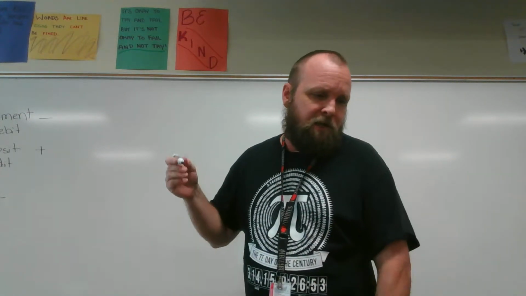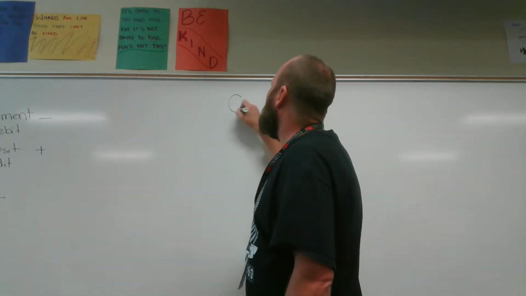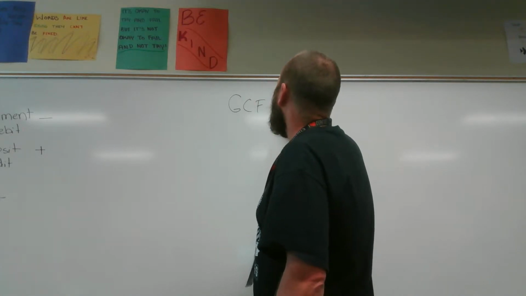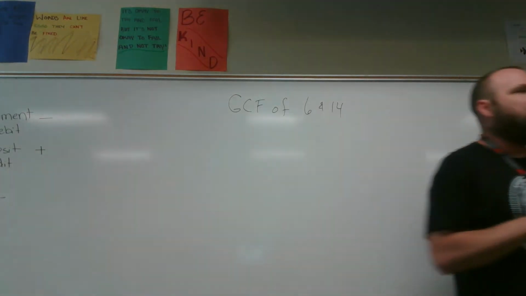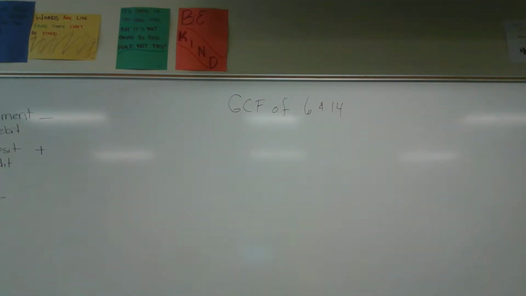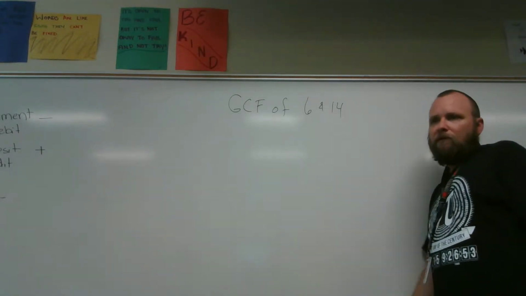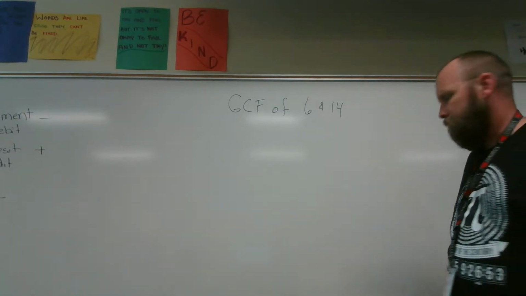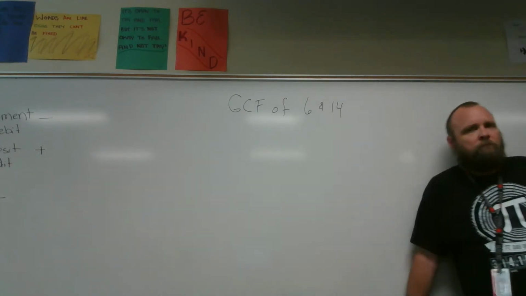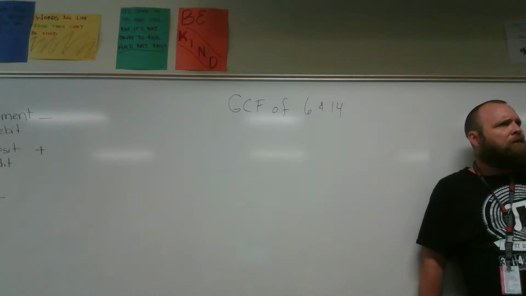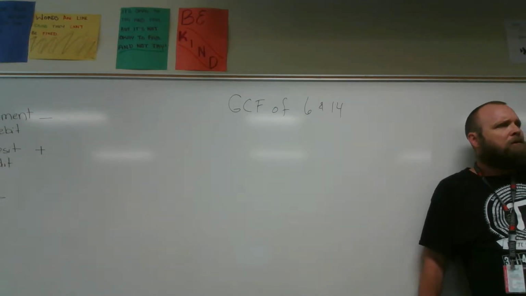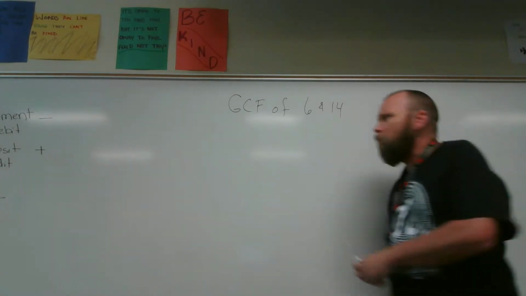Identify the greatest common factor of 6 and 14. The greatest common factor of 6 and 14 is what, Alec? Yes, work it out, Alec. Why don't we work it out together?